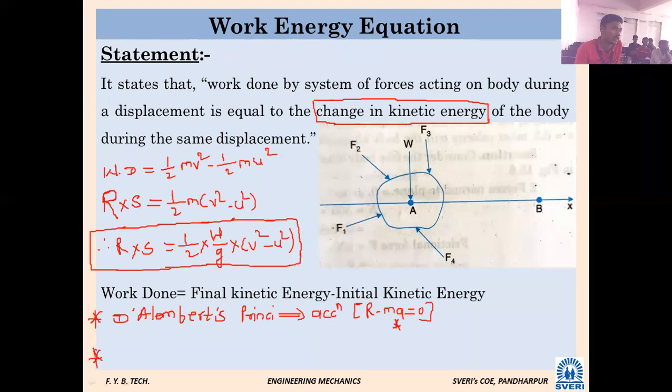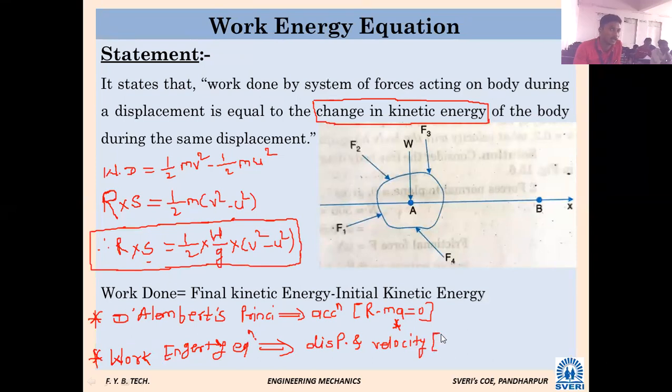On the other hand, this work energy equation, I will write here work energy equation. Whenever we need two things, one is displacement, because force is already applied to the body, and velocity, then in that case we go for the work energy equation.